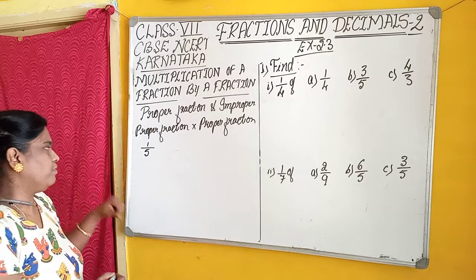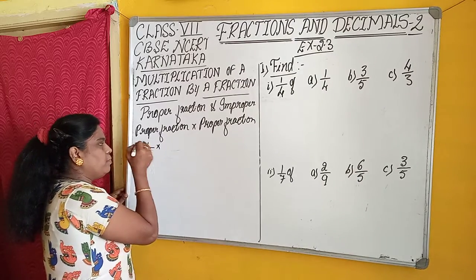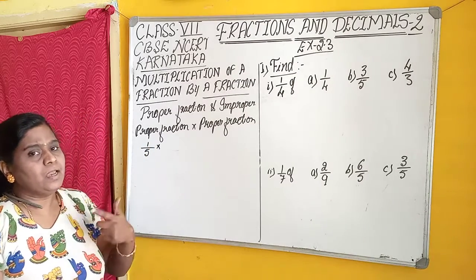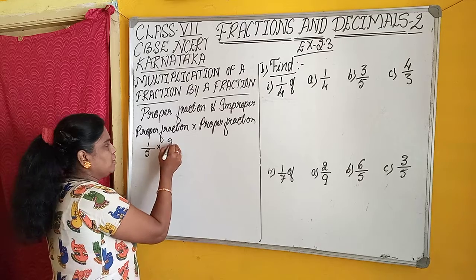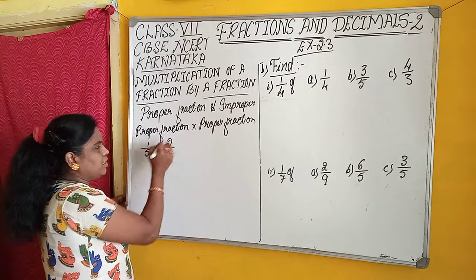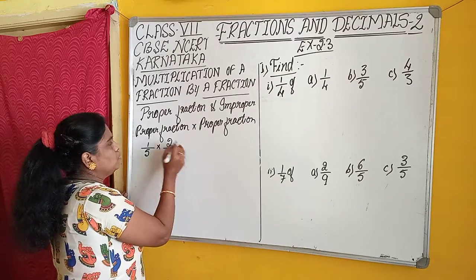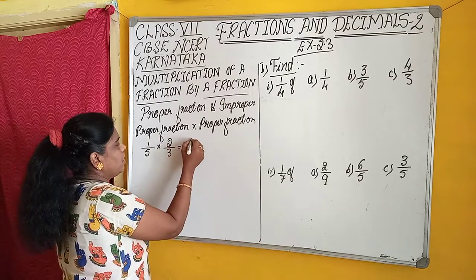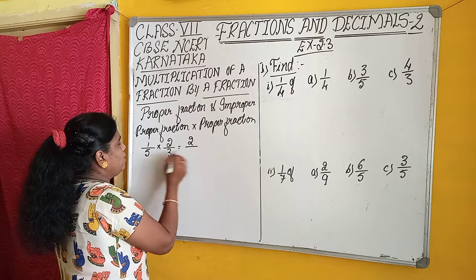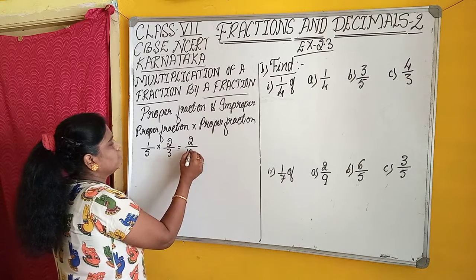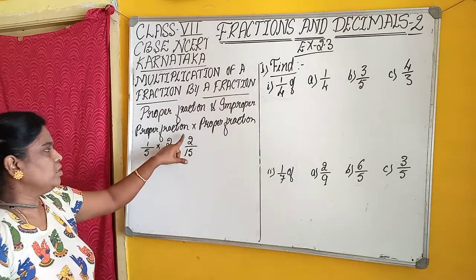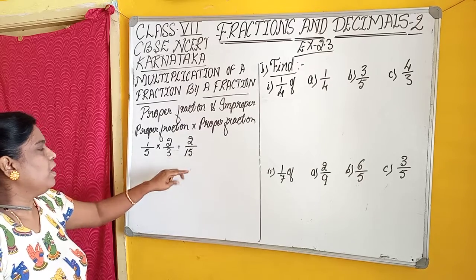This is a proper fraction. When this is multiplied by another proper fraction, consider 2 by 3, the product is 2 by 3 5s are 15. What we got is 2 by 15.